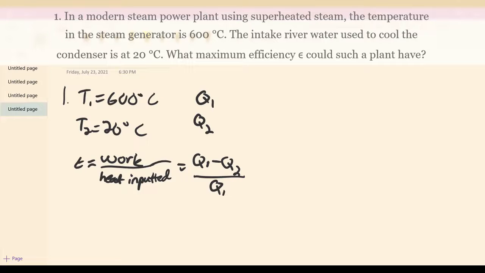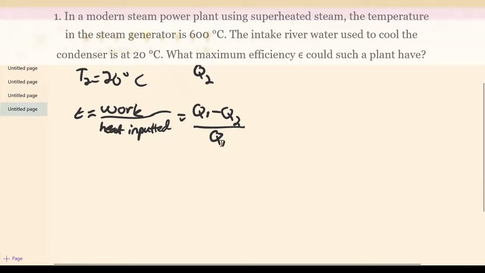We have to write this in terms of the temperature. To do that, there is a very simple formula to relate the heat to the temperature, and I'll just do a quick derivation of it.